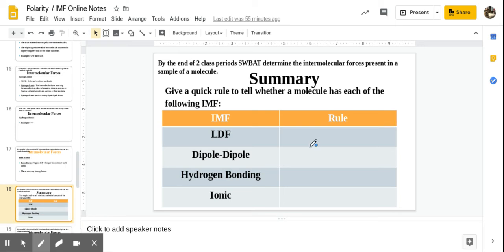All right, so for LDF, the rule is that it's always there. So I'm just going to write all. For dipole-dipole, two things need to be true.